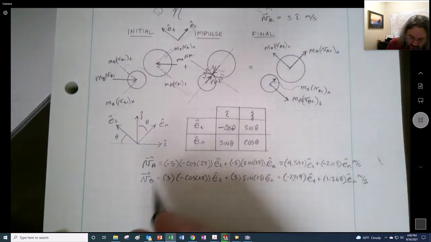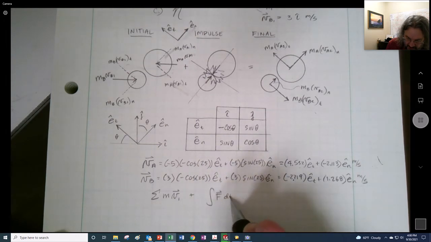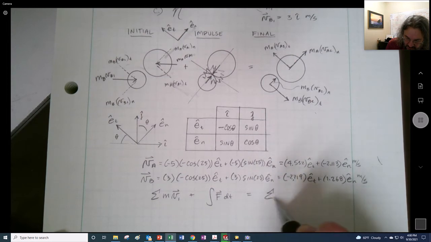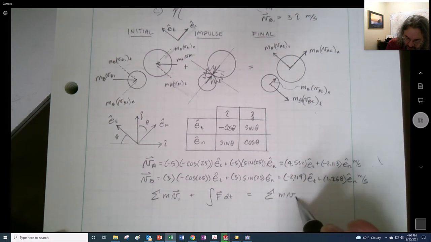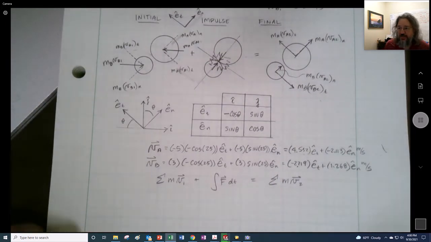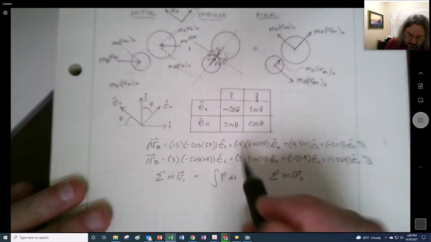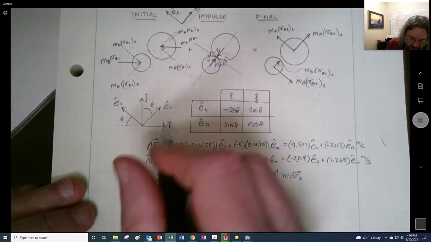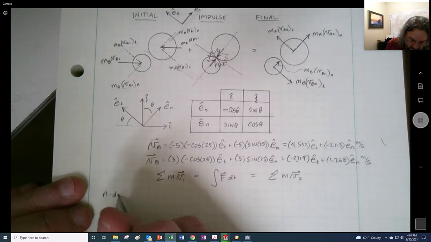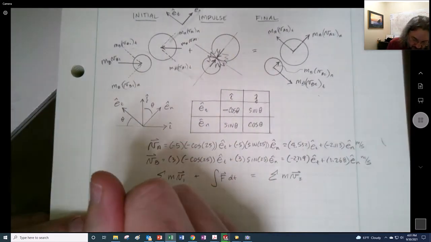So I'm going to say that the summation of masses times velocity 1 plus the impulse integral of F dt is going to be equal to the summation of the masses times velocities 2. Momentum plus impulse equals momentum. So we're only going to do this in the n direction. I can't spell direction. It's going to be a long video.